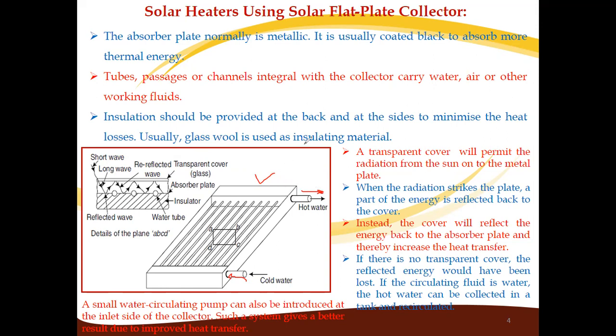So the arrangement of this solar heater using a solar flat plate collector is shown in this figure. The absorber plate is normally a metallic plate which absorbs the sun rays, and it is usually coated black to absorb more thermal energy or radiation, because a black surface or black body has the highest absorbing rate, that is almost 100%.